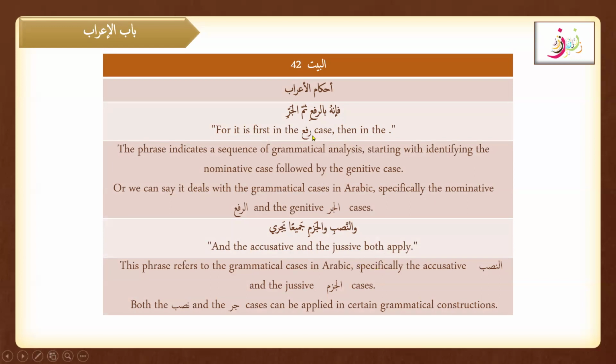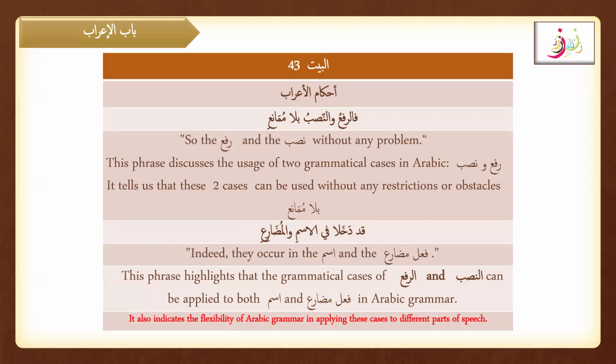So here Imam al-Hariri is telling us about the four cases: the rafa, jar, nasab, and jazm. We can also say that these phrases refer to the grammatical cases in the Arabic language, specifically the nasab here and the jazm here, and here the rafa and the jar. We'll see them inshallah in detail as well.